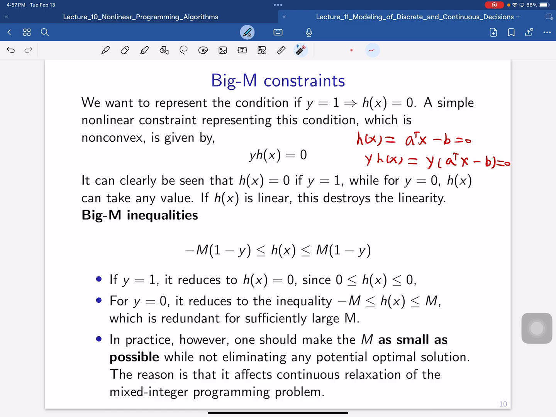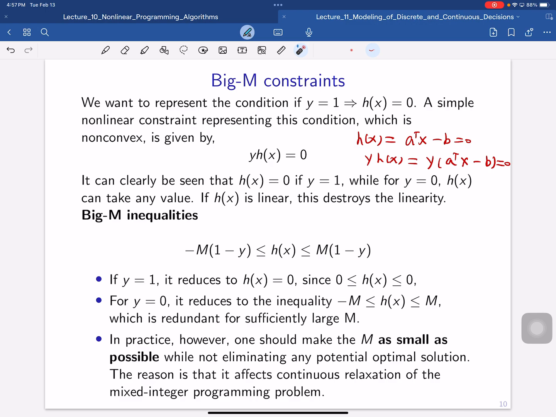That means you pick the M value large enough such that this does not cut off your optimal solution. It is not trivial to pick those big M parameters. We will talk about some applications, and then you will get some intuition on how to pick those big M values.